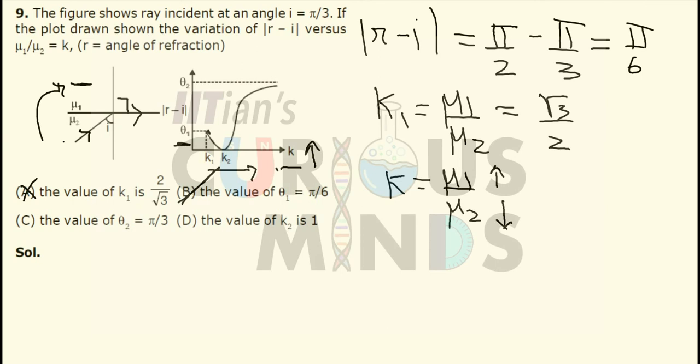That is, the region in which the refracted ray is entering remains constant in refractive index, but the first medium from which the light is coming is becoming thinner and thinner, so its refractive index is going on decreasing as we proceed with the graph. In the third scenario, both of them are occurring simultaneously.